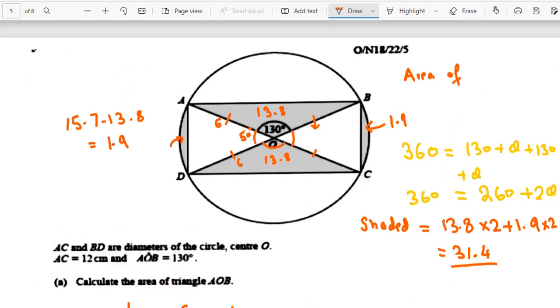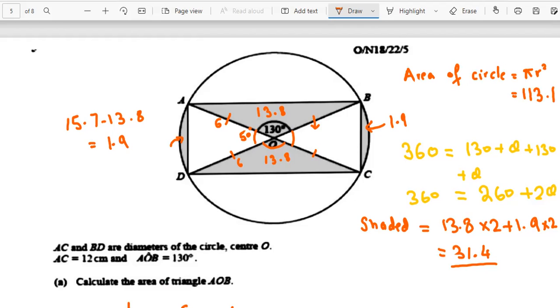Excellent. So it would be area of the circle, pi r square, and what would that be? That is 113 approximately. 113.1. Okay. Yes, that is correct.